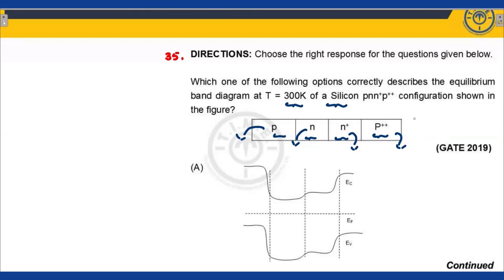First, the thing itself is that whatever the question he has given, for this semiconductor there is no biasing. So hence, the Fermi level should be constant. See, for this diagram, the first thing is no biasing.